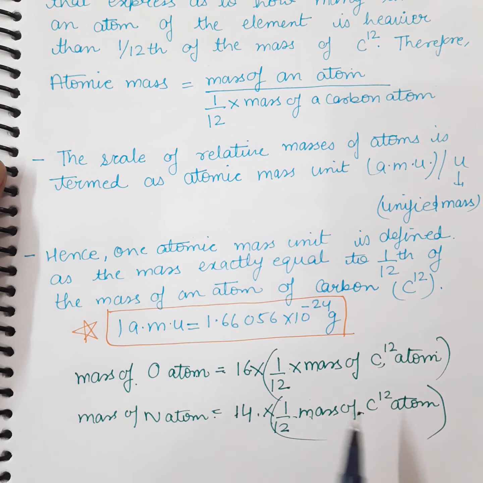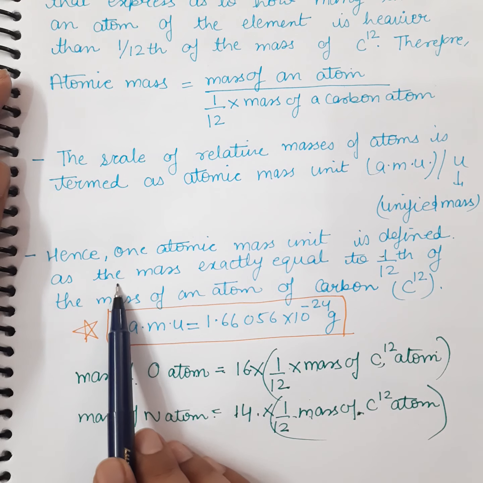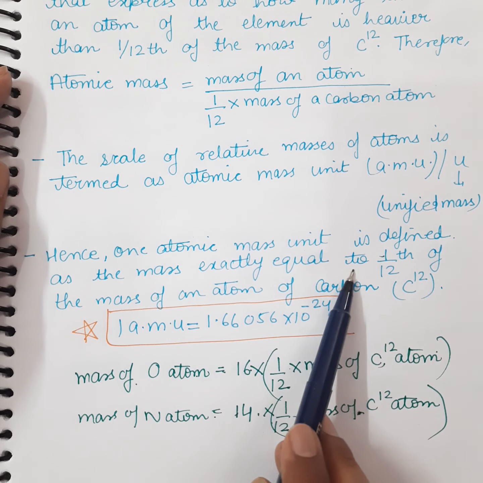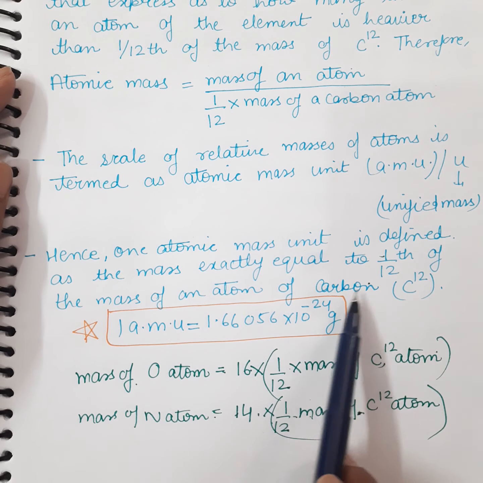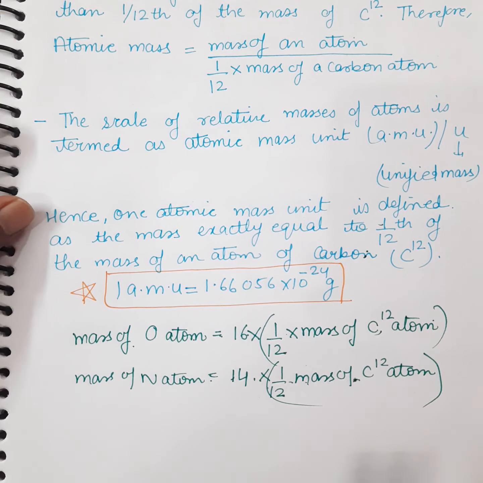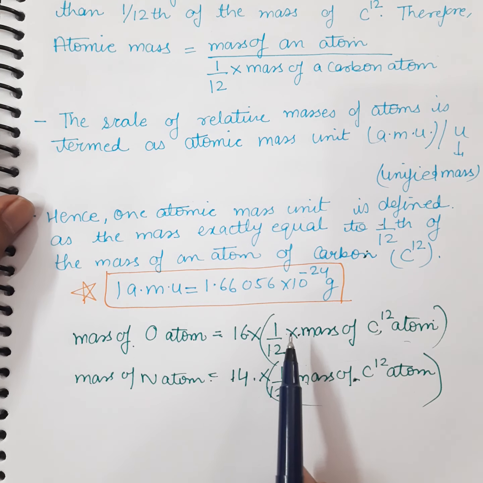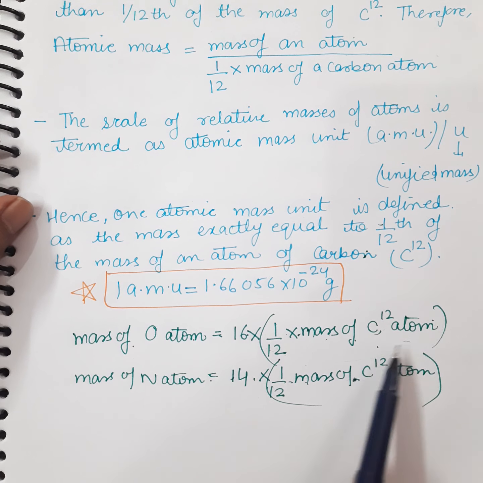Hence, one atomic mass unit is defined as the mass exactly equal to 1/12 of the mass of an atom of carbon-12. So we can easily write from this equation that 1 AMU is equal to 1/12 into the mass of a C12 atom.